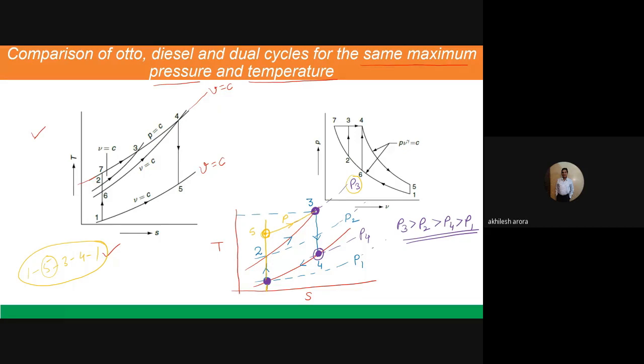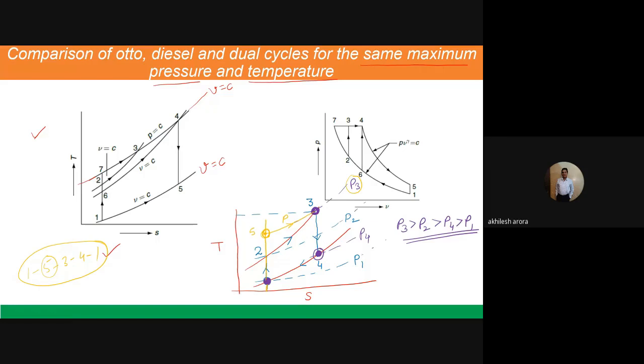And why does it have to end at point number 3? Because the maximum temperature and maximum pressure are same. This condition is already given. We have to compare it for this particular data which is given to us. Okay, so my point number 3 is already fixed. So what I can do, I can draw a process which is a constant pressure process starting from point number 3.